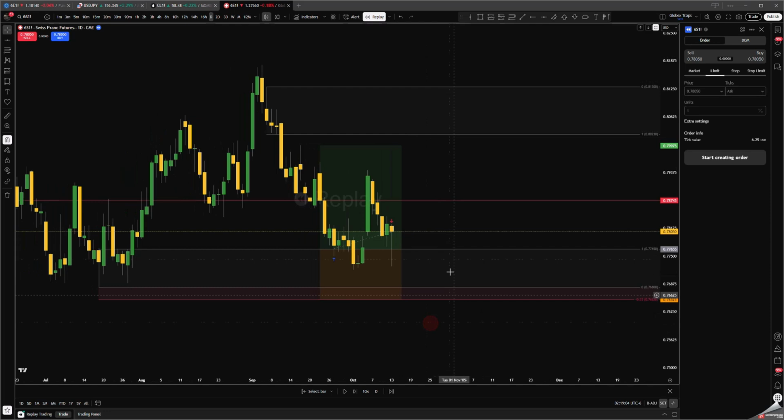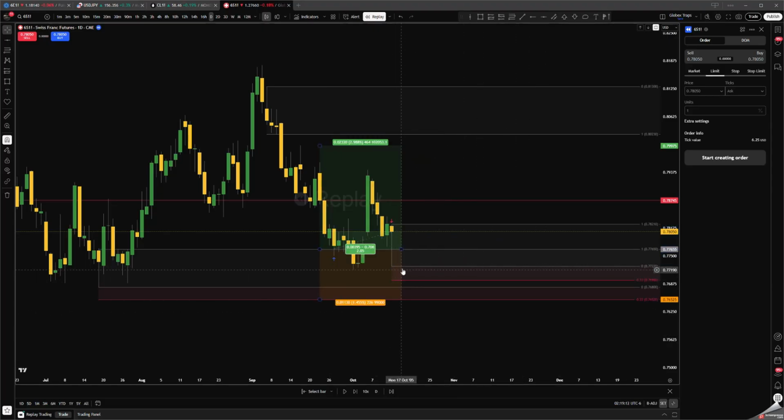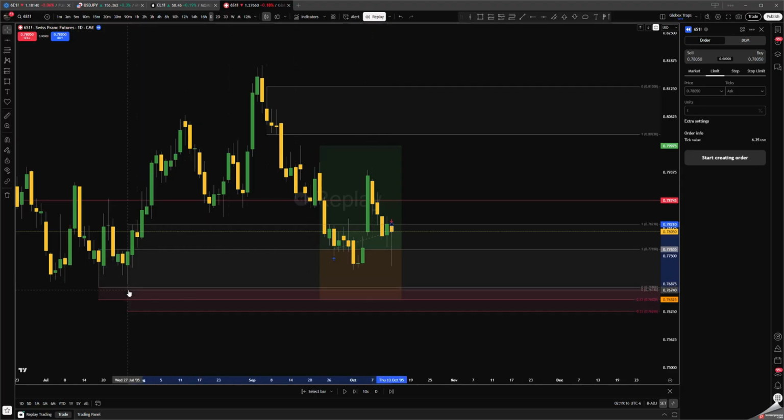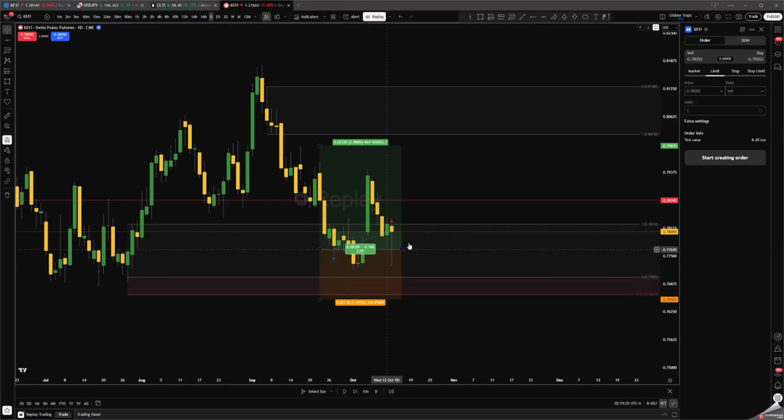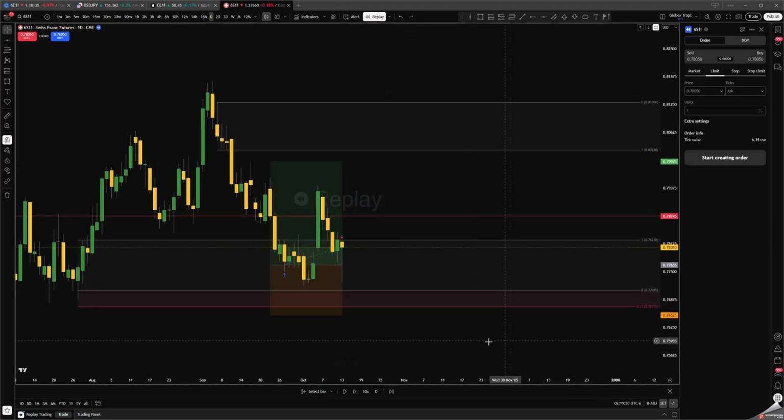It made this reversal doji candle. Stop loss, better to be safe than sorry. So what we can do, I will remove this zone here. Stop loss here below this pivot, and we will re-enter.